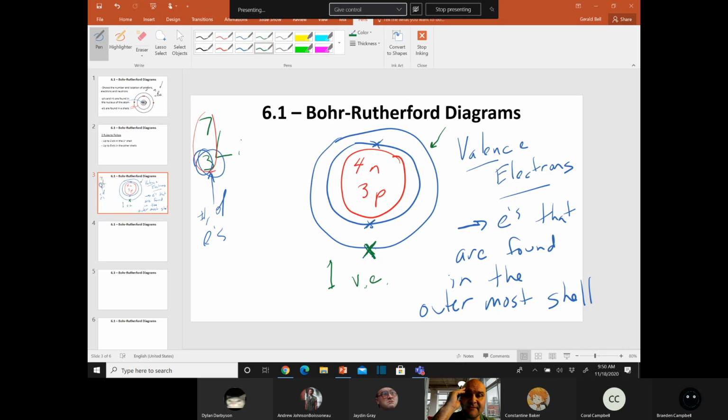I wouldn't mind repeating our steps for a few of these. Maybe we should do a more complicated one. Let's do fluorine. I'll start a new slide here. Fluorine. Again, you can't do this without a periodic table, so hopefully you already grabbed one.